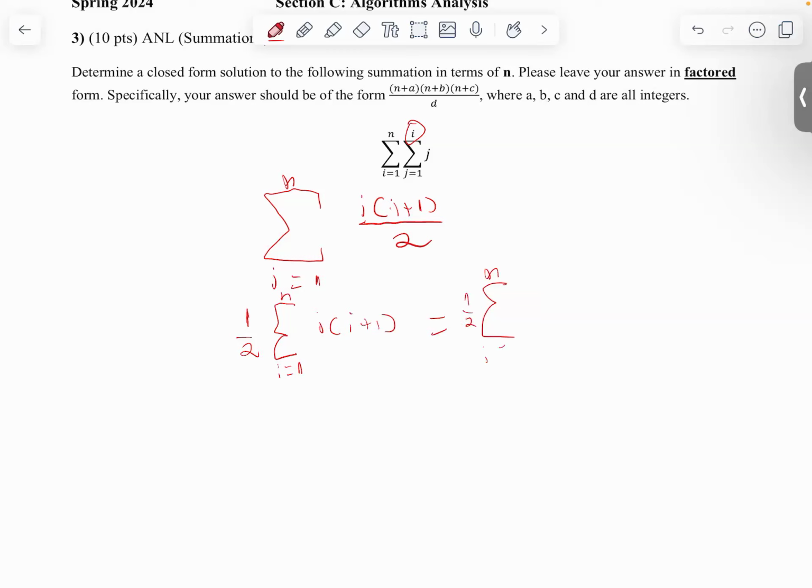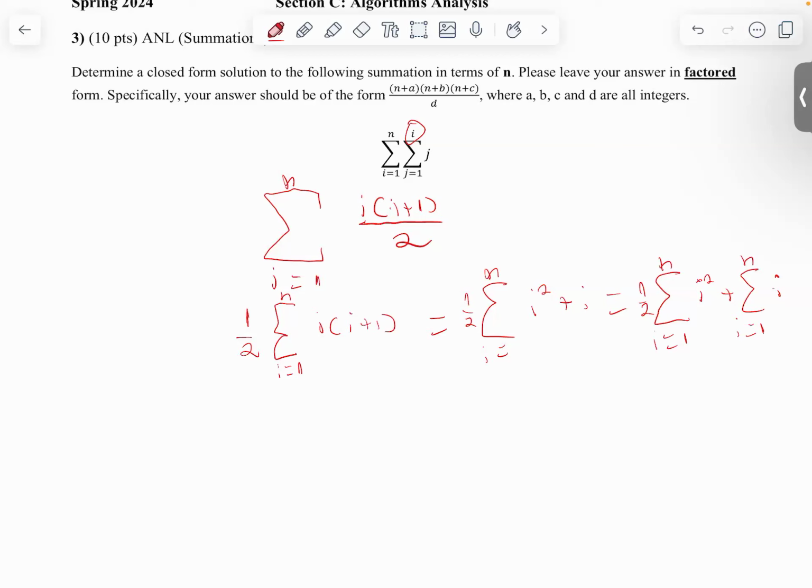So 1/2 the sum from i equals 1 of i squared plus i. And then you can split this up into two separate summations: 1/2 the sum from i equals 1 of i squared, and the sum of i.